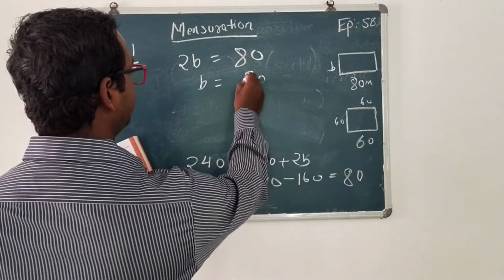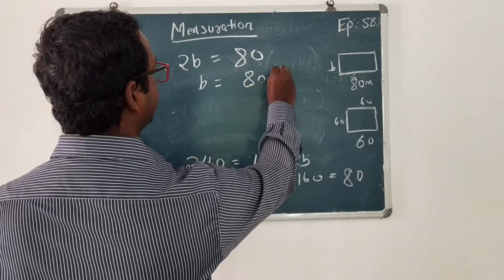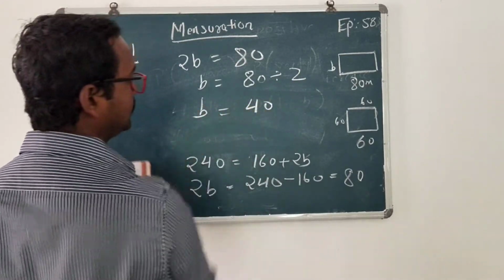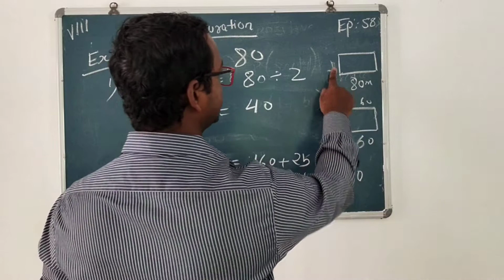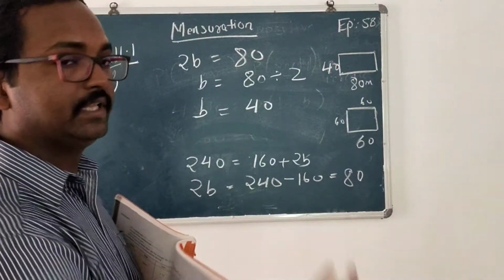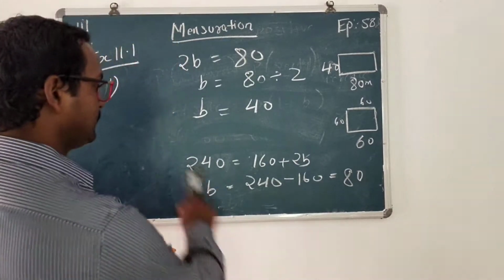From here we will get b as 80 divided by 2, which is equal to 40. So this missing breadth is 40. Okay, now we can find the area of both the figures.